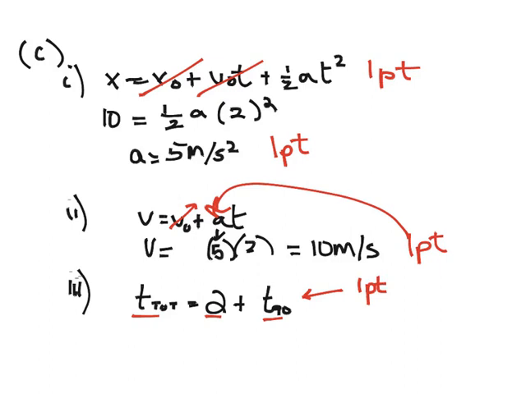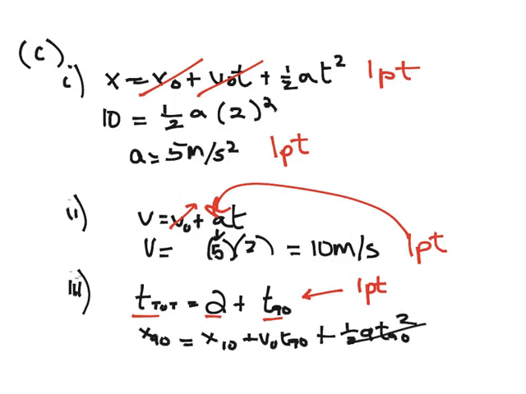Now, to find T90, you need the first equation. So you have x90 is equal to x naught, which is 10, plus v naught t90 plus 1/2 a t90 squared.